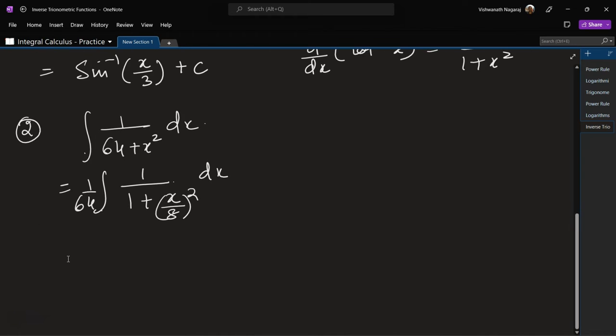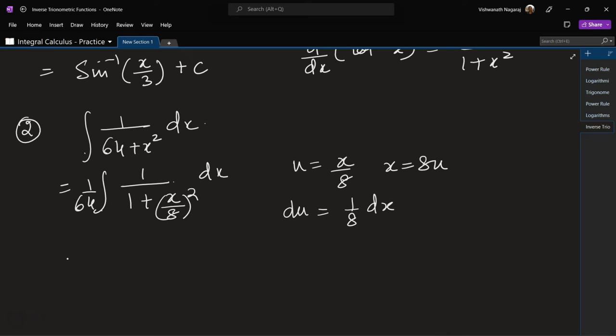Now let's do substitution, let u be equal to x by 8, which means x is equal to 8u, right? And if we differentiate, du becomes 1 by 8 dx, which means dx is equal to 8 du. So what do we end up with? We end up with 1 by 64 integral of 1 by 1 plus u square, and dx is 8 du.